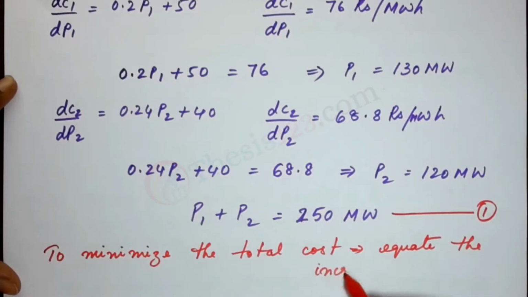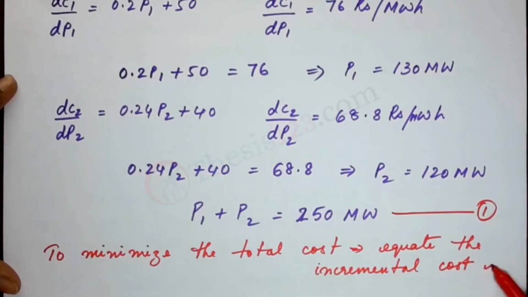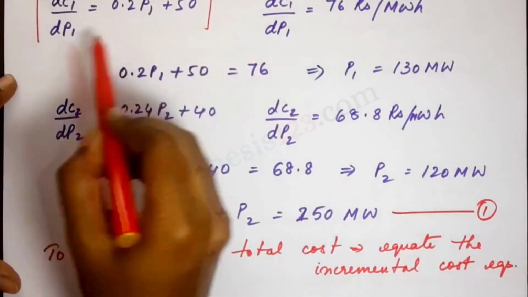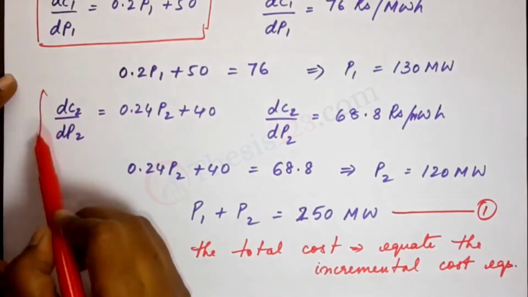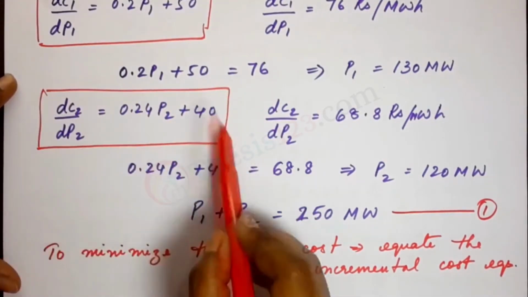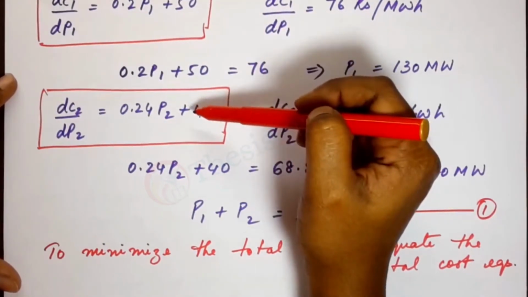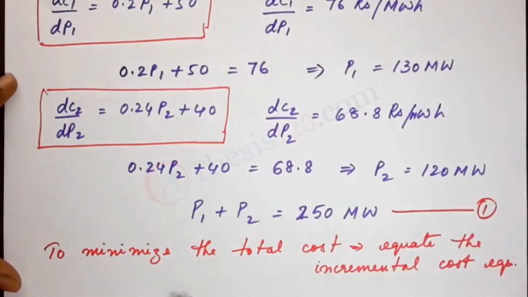What are they? This equation here and this equation here. Now we have to equate both these to find an equation in terms of P1 and P2.